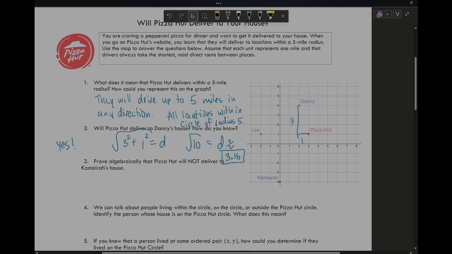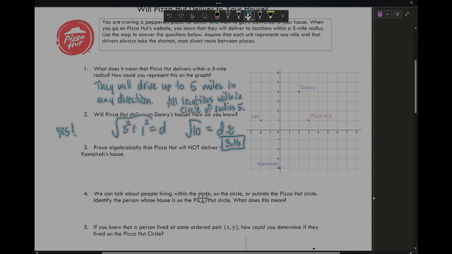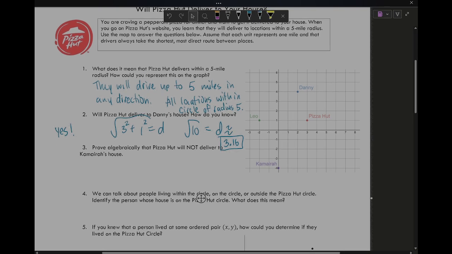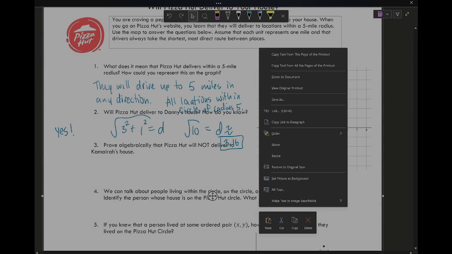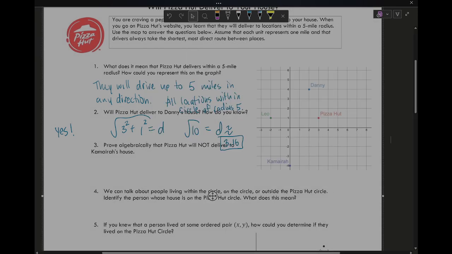Prove algebraically that Pizza Hut will not deliver to Kamira's house. Okay, well, let's see here.